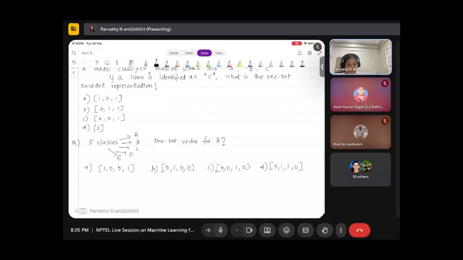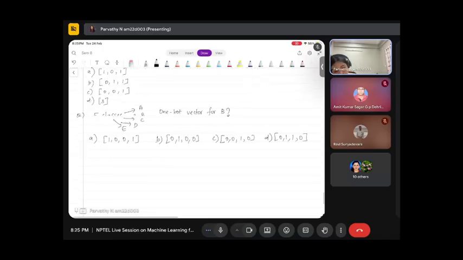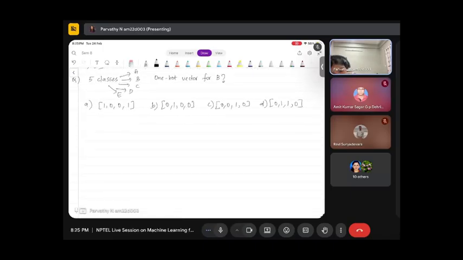Yeah, so it will be 0100 D. Oh, sorry, I missed one.